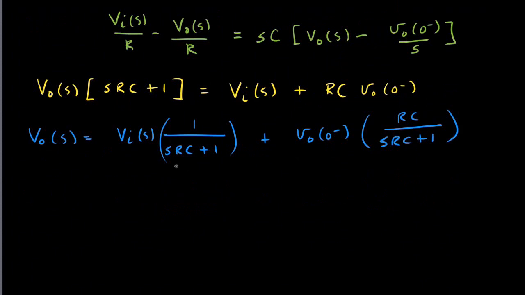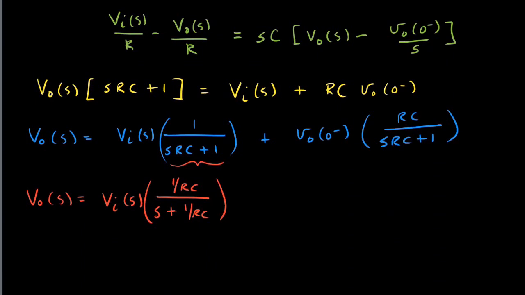Okay, so if I look carefully at this 1 over SRC plus 1, right, I can factor an RC out of the denominator, which means I have to put that factor in the numerator to keep everything kosher. So I'm going to end up with V out of S being V in of S times 1 over RC divided by S plus 1 over RC, right?